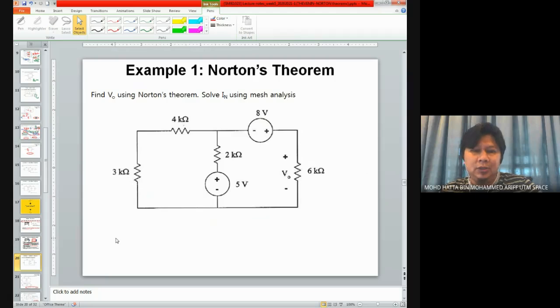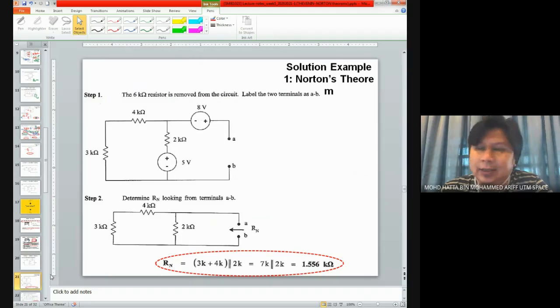Okay, we put it this way. We try to learn Norton theorem based on example. This is the first example. We try to find VO using Norton theorem, and try to find IN, Norton current, using mesh analysis. So considering that circuit, first step, you try to remove the load resistor.